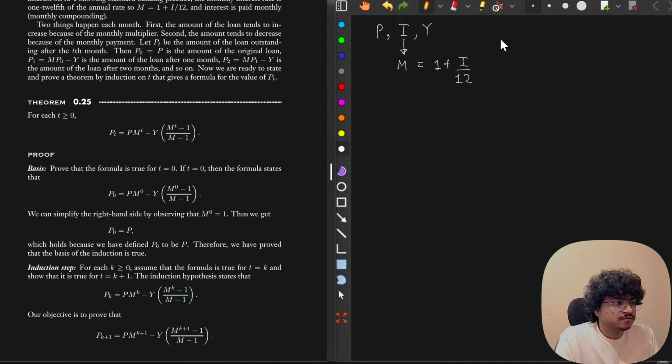Here, P_T is the amount of loan outstanding after the Tth month.